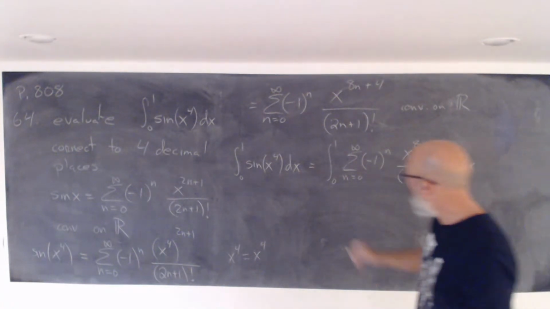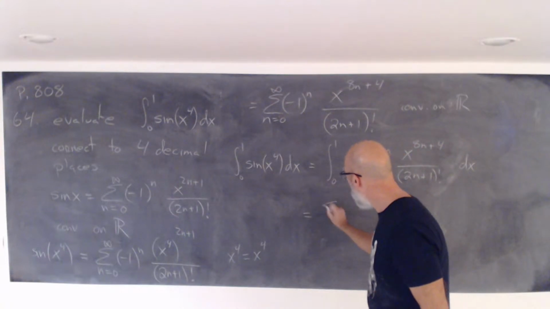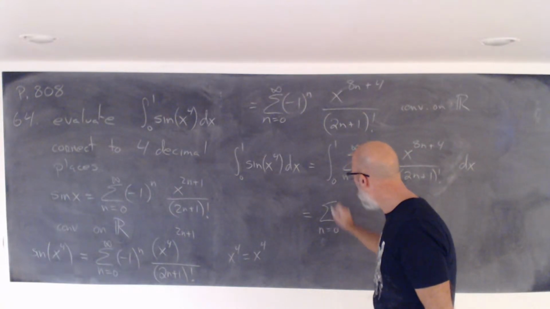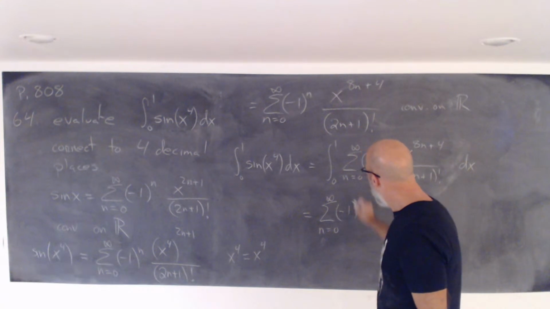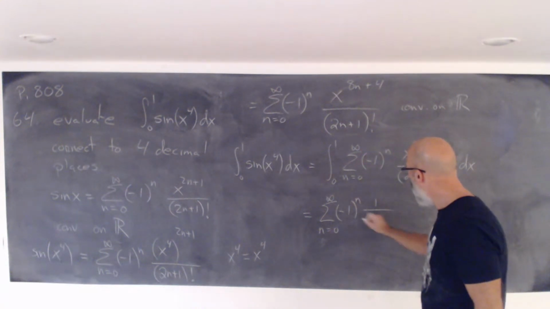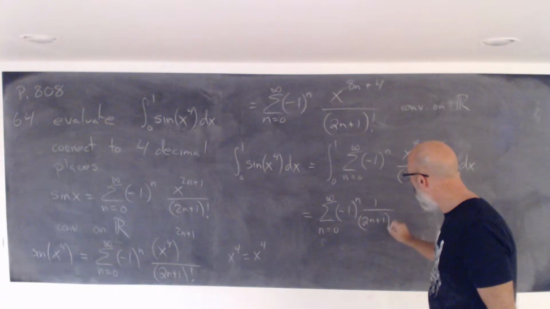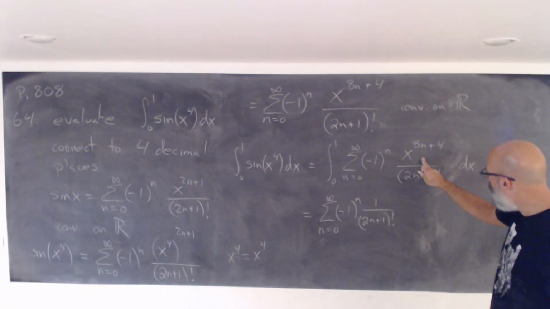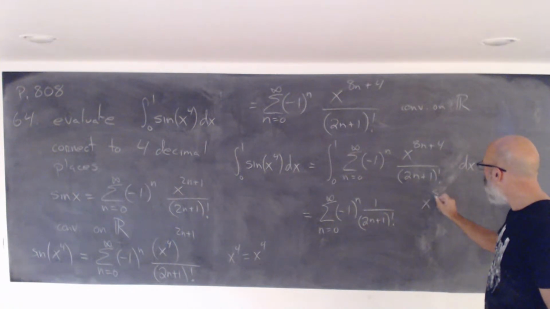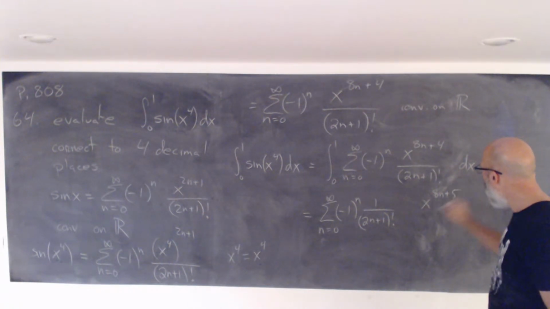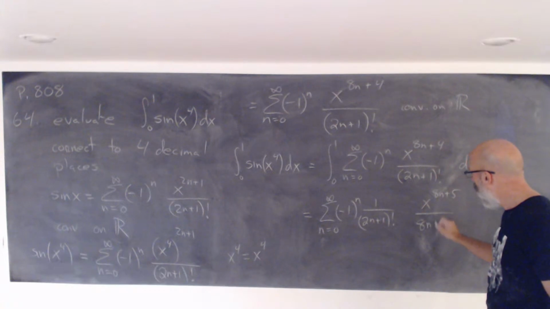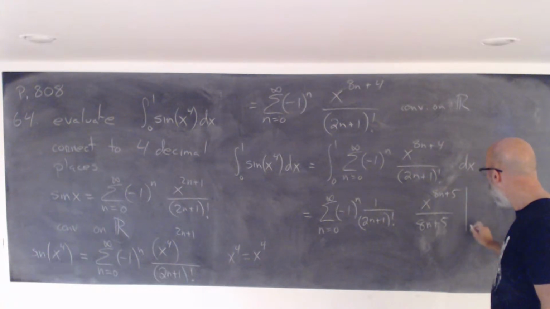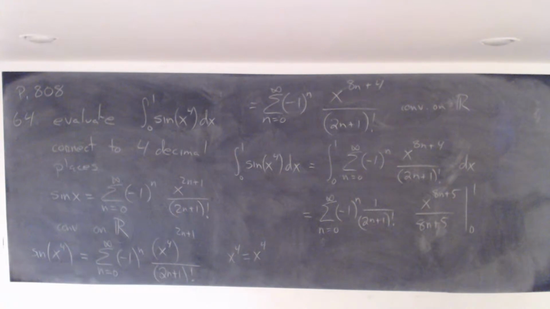Integrate term by term, what do we get? Negative 1 to the n, 1 over 2n plus 1 factorial. Antiderivative of x to the 8n plus 4 is x to the 8n plus 5 over 8n plus 5. And it's a definite integral. When you plug in 1, subtract plugging in 0.